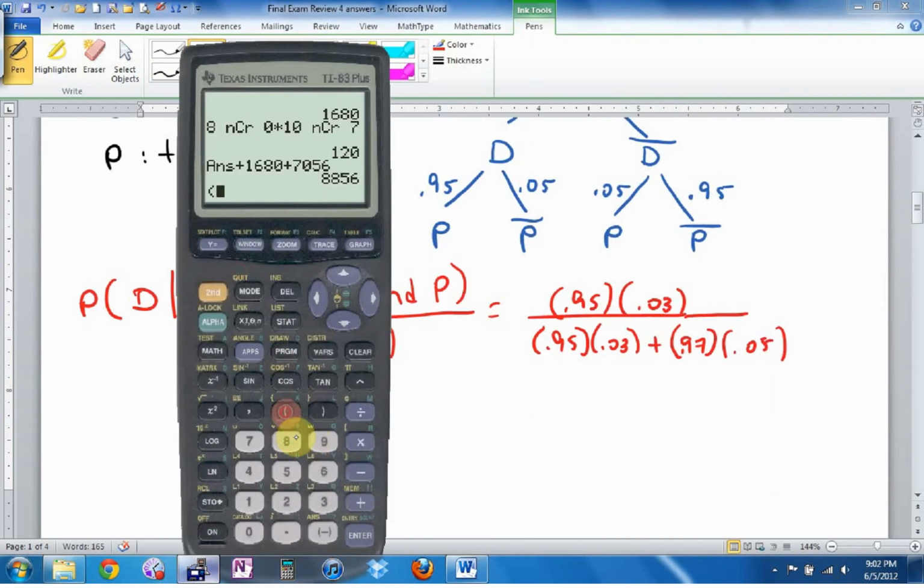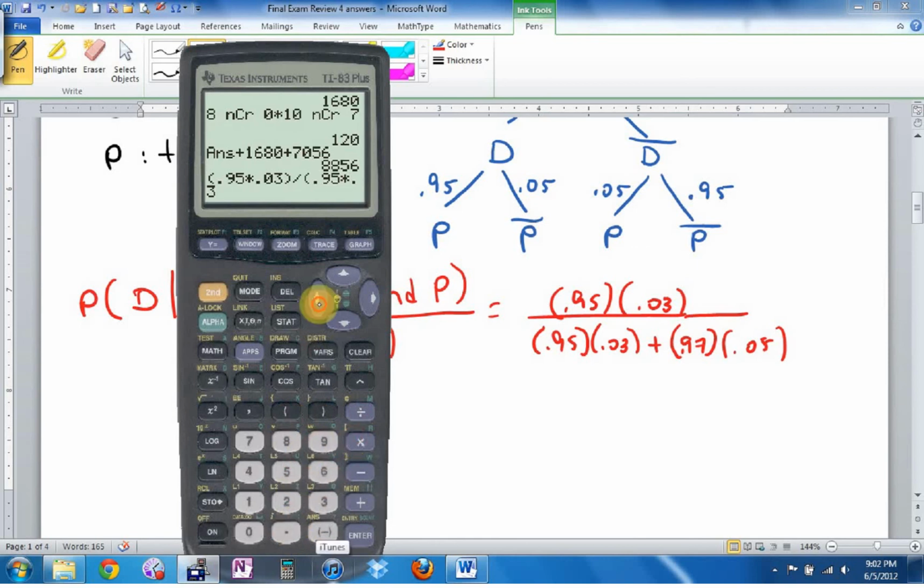On the top, I'll have 0.95 times 0.03 divided by, on the bottom, I need brackets because there's more than one number, 0.95 times 0.03 or 0.97 times 0.05. Turns out there's only a 37% chance that you actually have the disease.